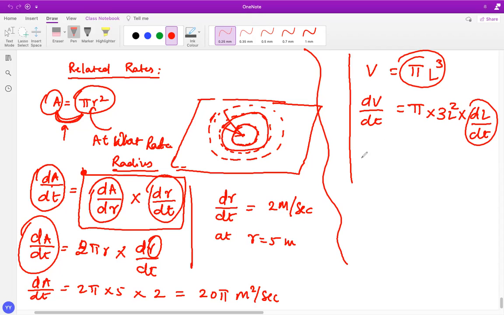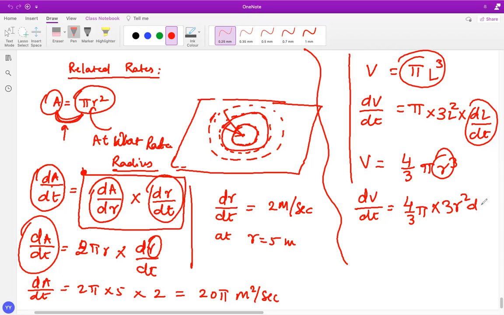Now, another example, let's say volume of a sphere is 4 over 3 pi r cube. And I wanted to introduce the time factor here. So dV by dt here will be 4/3 pi, that is constant. I would just differentiate r cube, which is normal, 3r square, times, since I differentiated r, dr by dt.